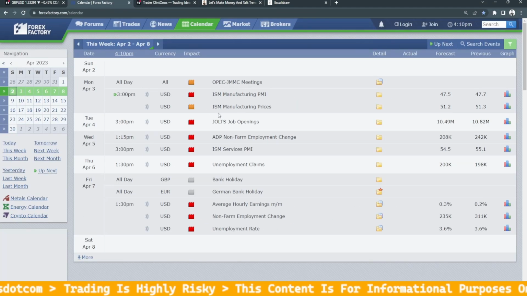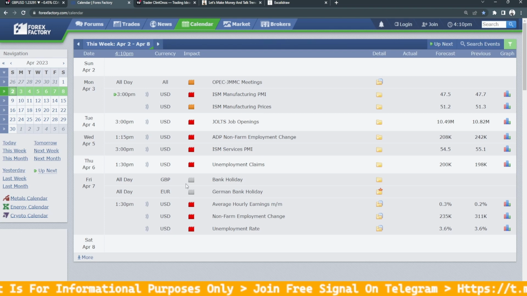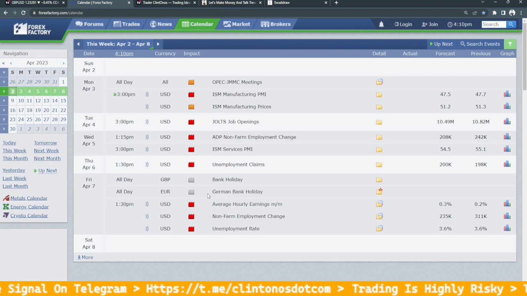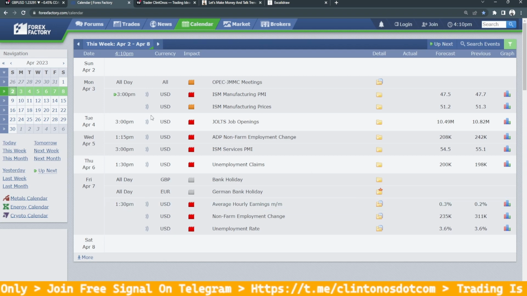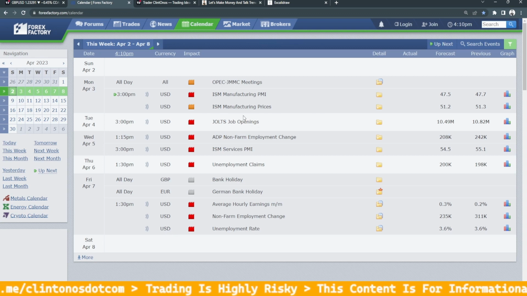All right, so for the pound, price is going to be pound USD. That's a holiday for the Great British Pound. I guess that's Easter Friday, and of course also a holiday for the Euro pair, right? Yeah, we're going to be having the OPEC meeting, then expecting the manufacturing PMI release. Of course, on Tuesday we're going to be expecting the JOLTS job openings figure.